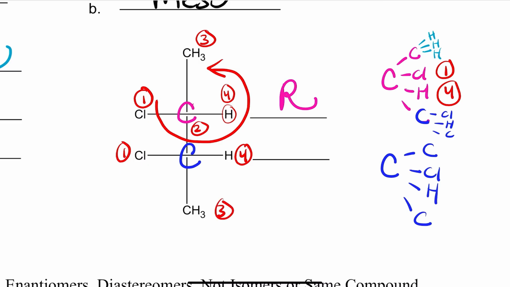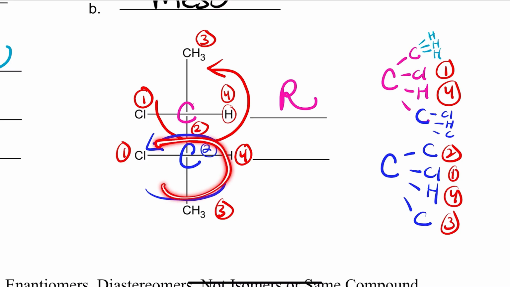So then we got 1, we got 4, we got 3, so this one would be 2, which is this one up here. So also 2 for this side, so it's going to go like that. Because it's going counterclockwise, which should be an S, but because Fisher projections are already flipped, it's R.